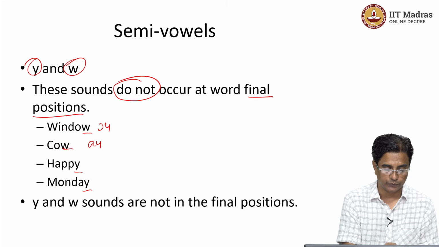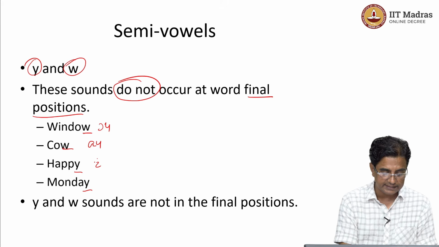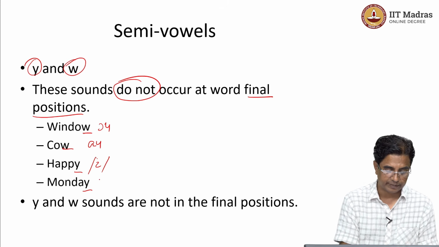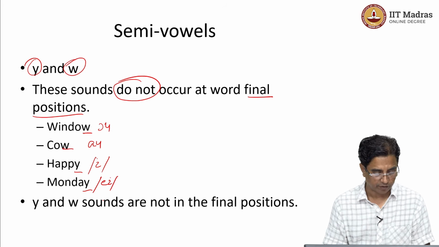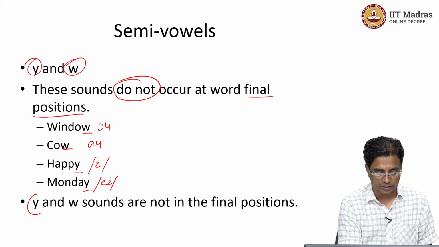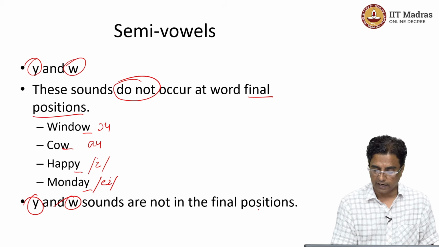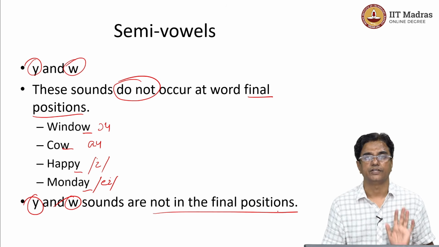O and u in window. In happy, you have the E sound. In Monday, you have this diphthong, not semi-vowels. So these two sounds are not in the final position of these words.